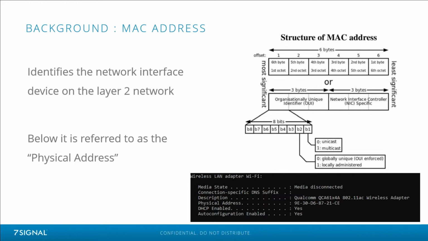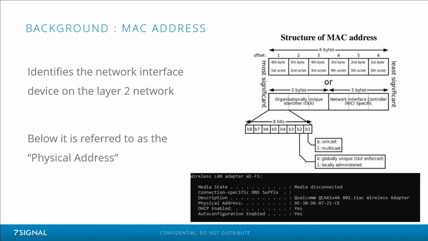Then if you look at the B1 and the B2, that's the unicast versus multicast bit and the globally unique versus the locally administered bit. So it's actually 2 less than 24. By my calculation, that would make it 22 bits.